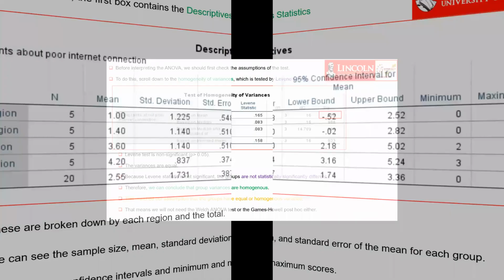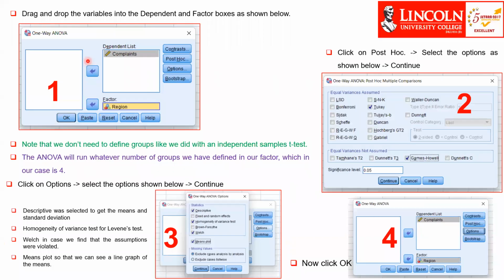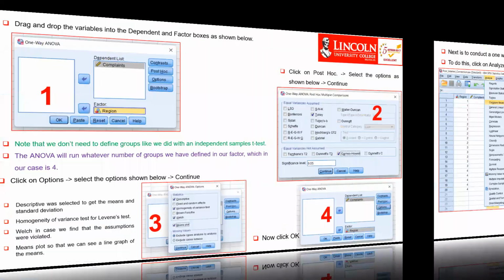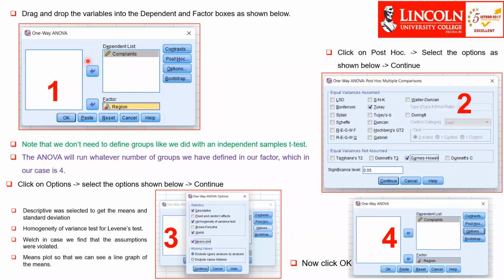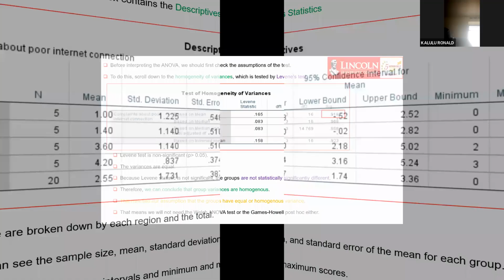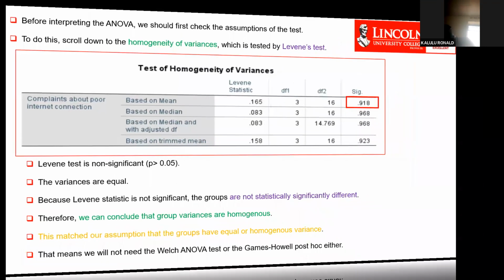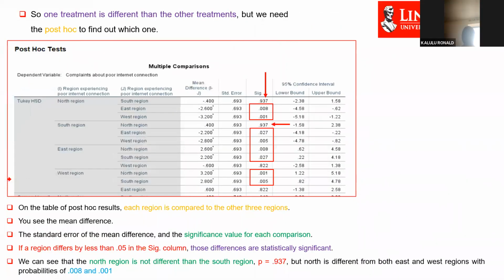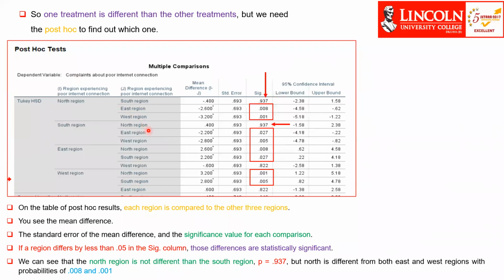Now, when you run this kind of test, it's one of the outputs that will come out whenever you run an Anova test.